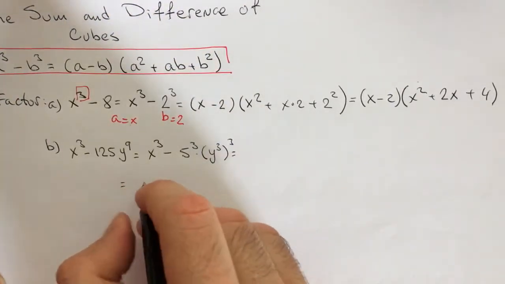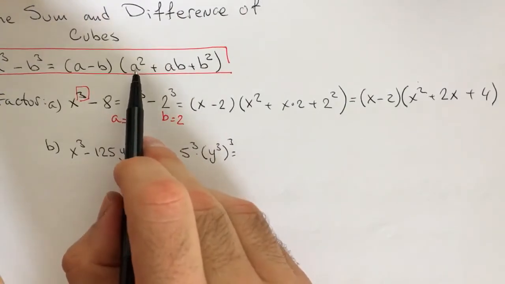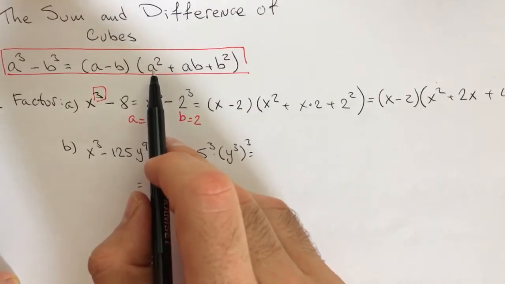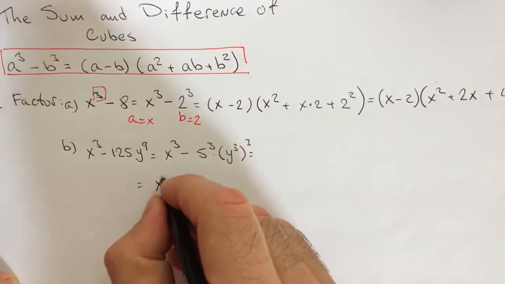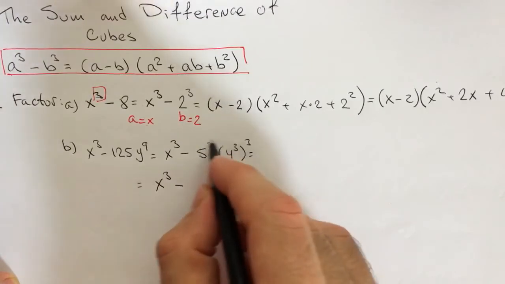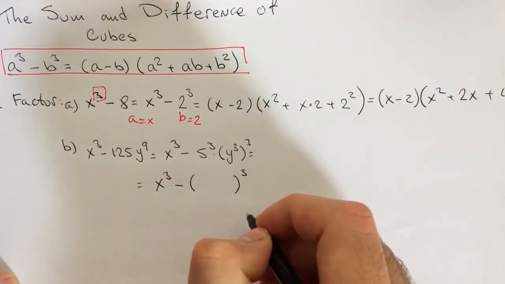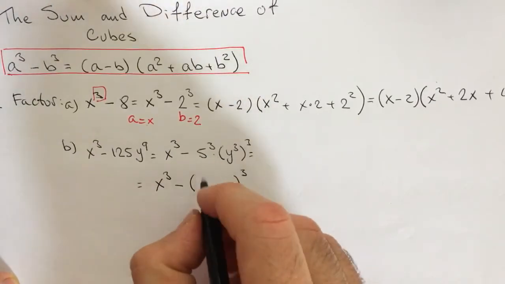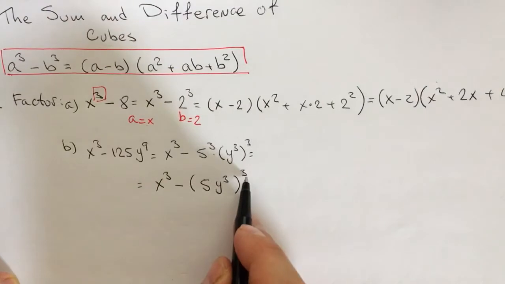Okay, so let's be careful now identifying how much is a and b so that we can plug it into this formula here. For this case, it's a little bit tricky, so I'm going to do one more step. This is x cubed minus, and in order to figure out how much is b, this whole thing has to be raised to the power of 3. So that means that I have 5 times y cubed, the whole thing to the power of 3.